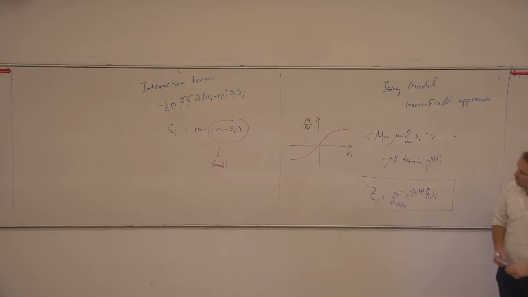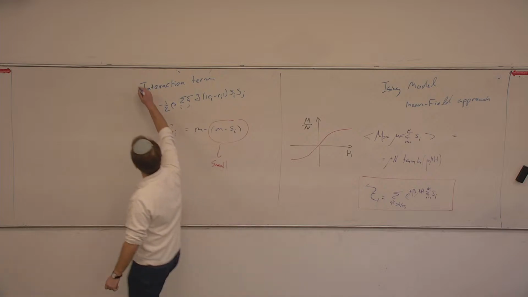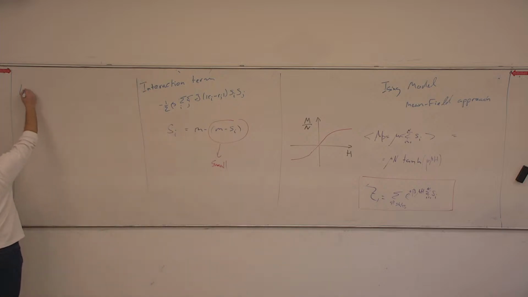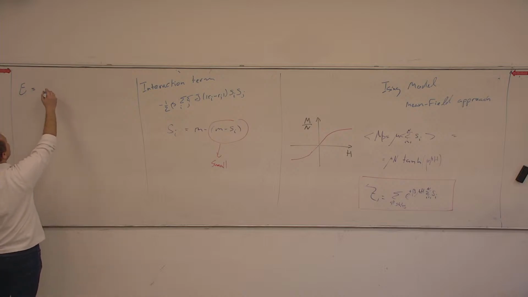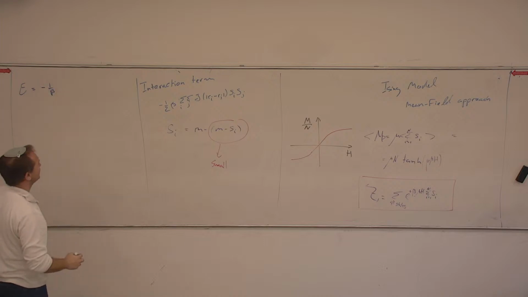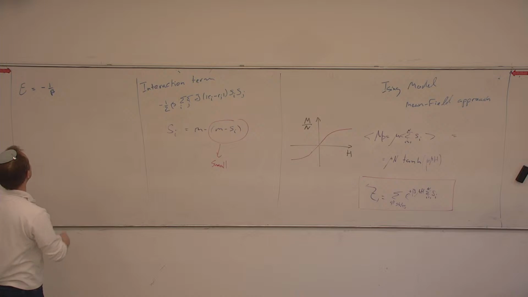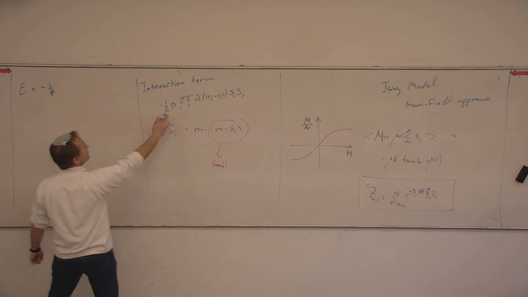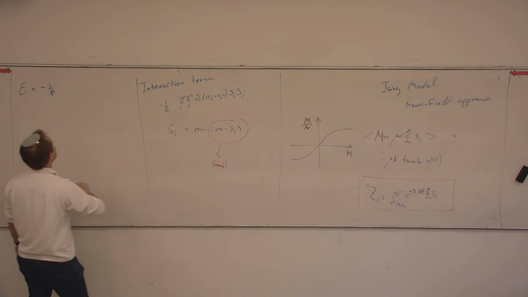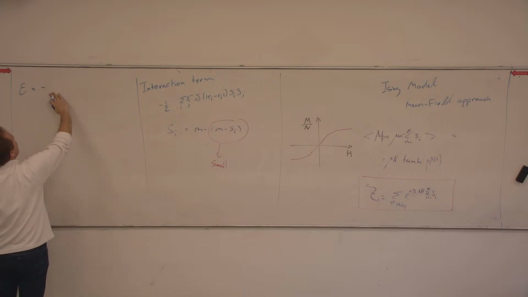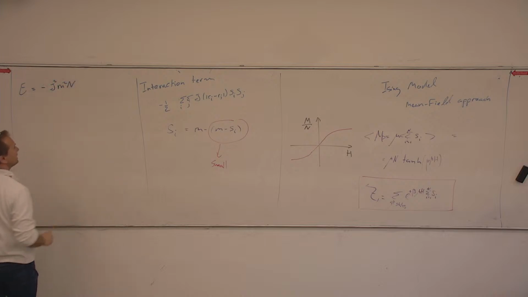And the last thing that we developed was the following form for the energy. The energy was minus J tilde m squared multiplied by n. There is no beta over here, I'm sorry, we multiply it afterwards. Beta will come afterwards.